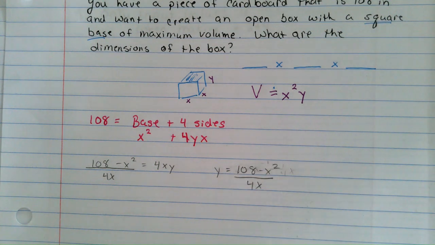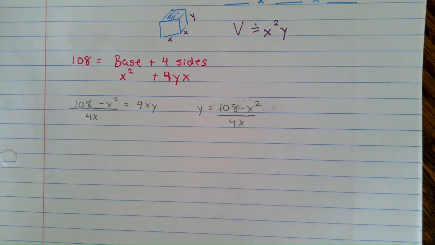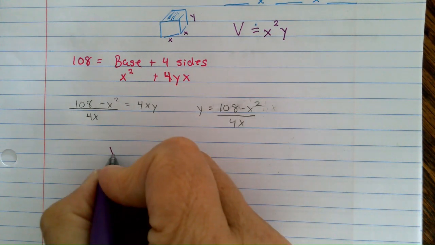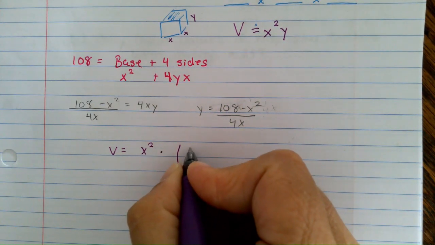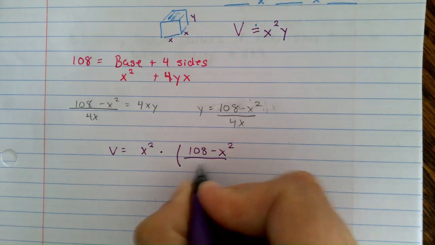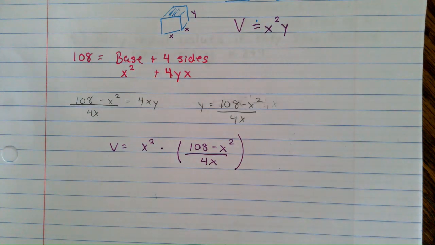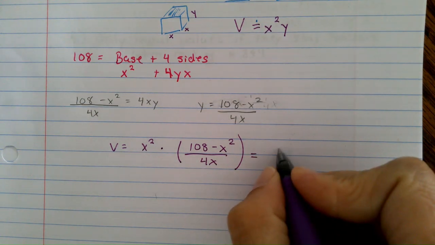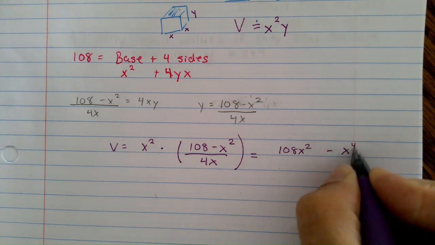But now we need to substitute that in. Okay? They gave us no other numbers, so we're here. So we would have volume equals x squared multiplied by y, which would be 108 minus x squared over 4x, which would equal 108x squared minus x to the 4th.